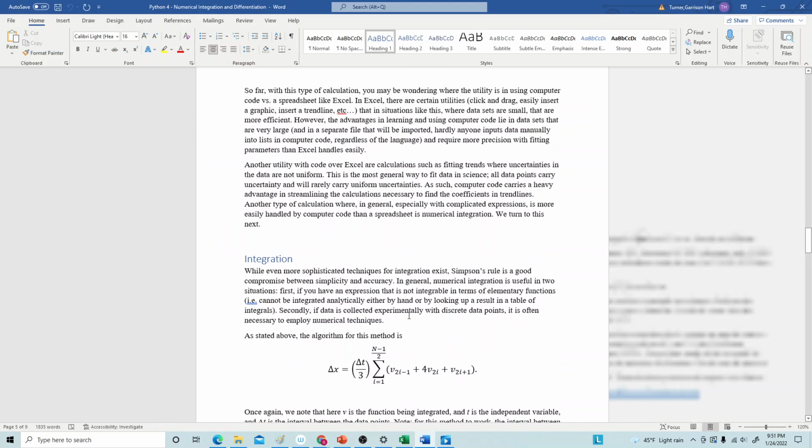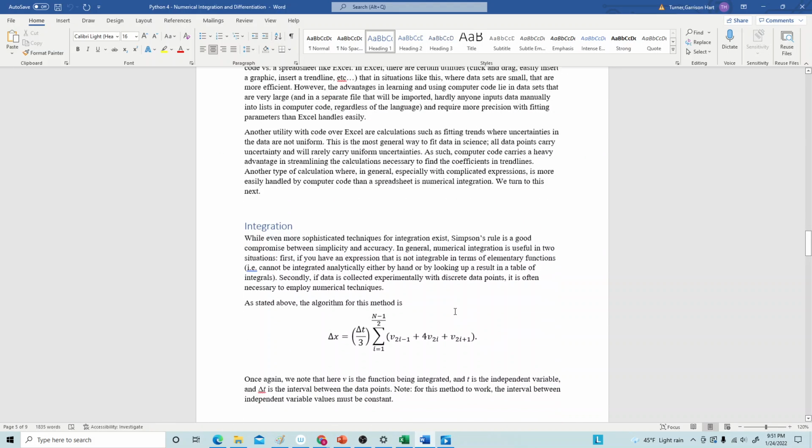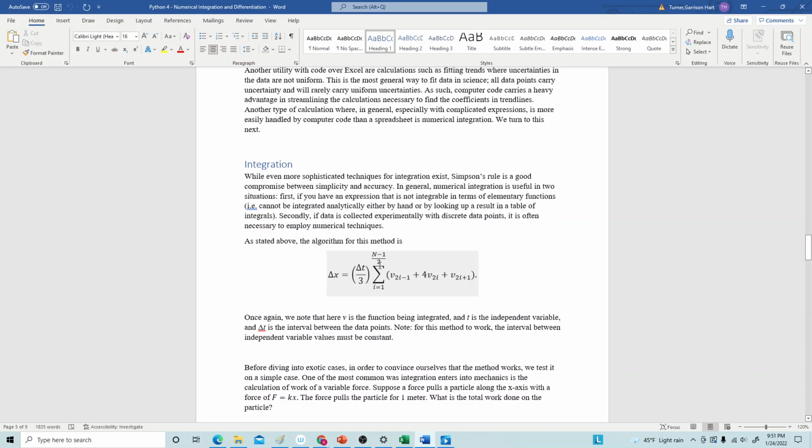So if I have n total points, then I'm going to do an iterative loop, much like I did for the derivative, except it's going to look like this. You look at whatever index value i you are looking at. You look at 2 times i minus 1.